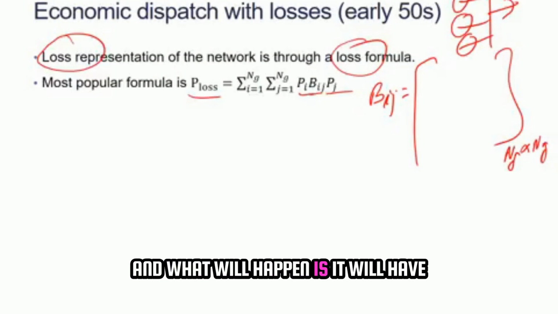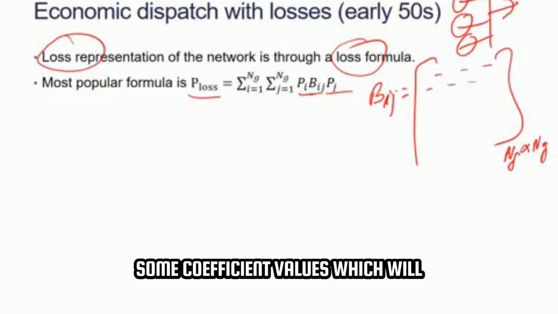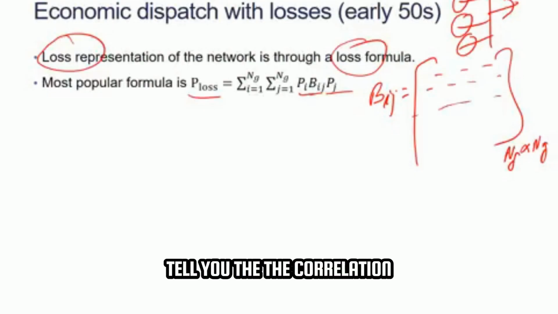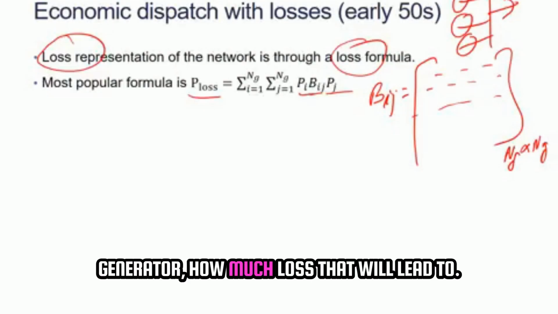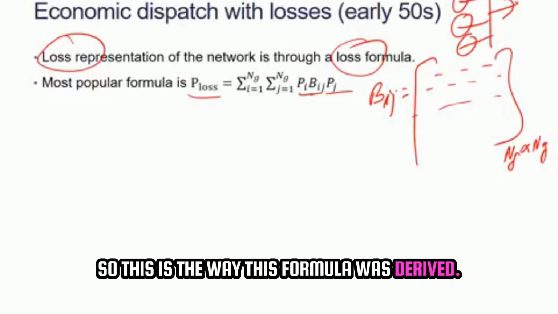It will have some coefficient values which tell you the correlation: if the power is coming from a particular generator, how much loss that will lead to. So this is the way this formula was derived.